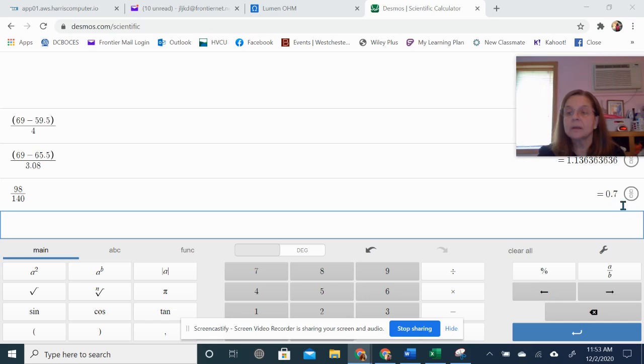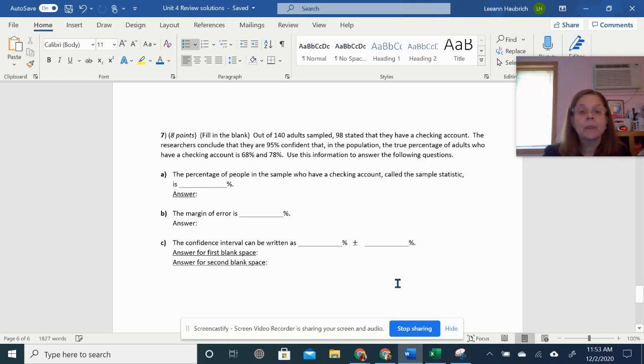And there it is. It's 0.7 or 70%. Let me go back to reading. The percentage of people in this sample who have checking accounts is called the sample statistic. I already know it's 70% because I just went and looked it up.